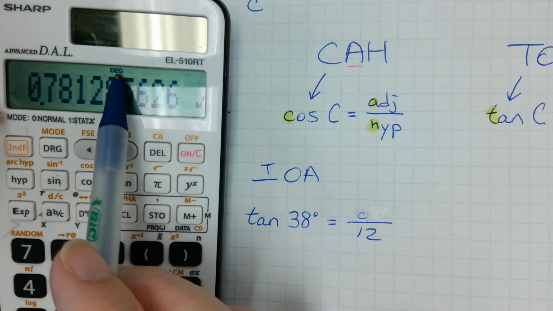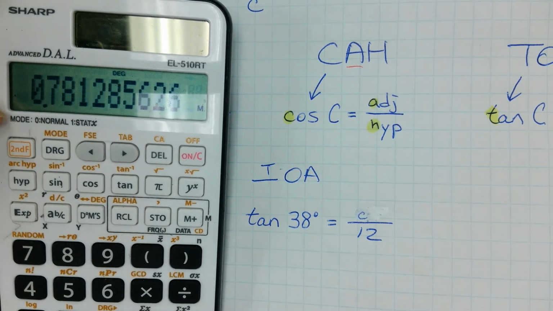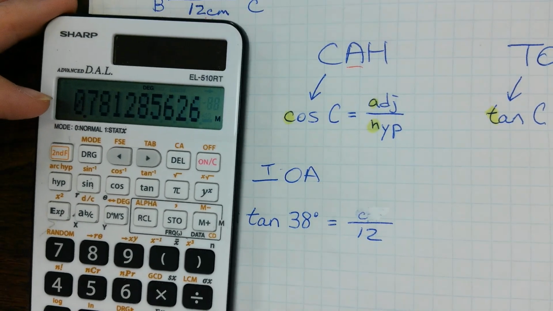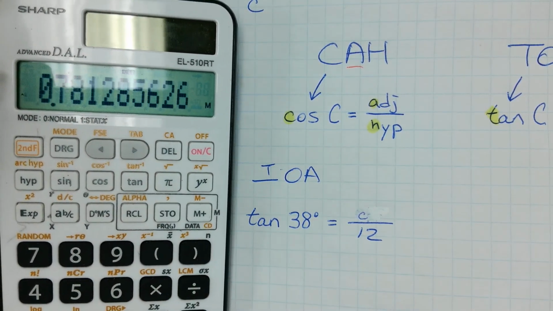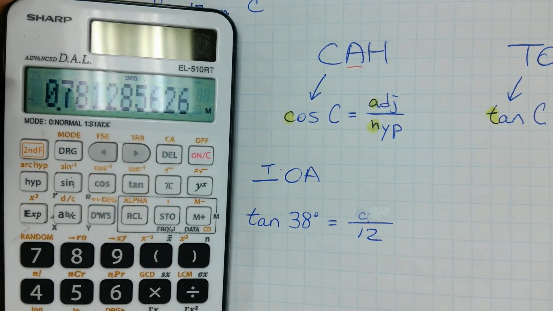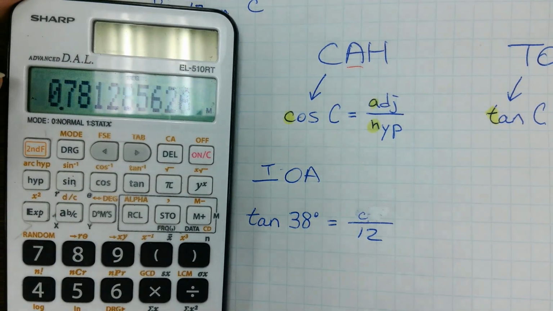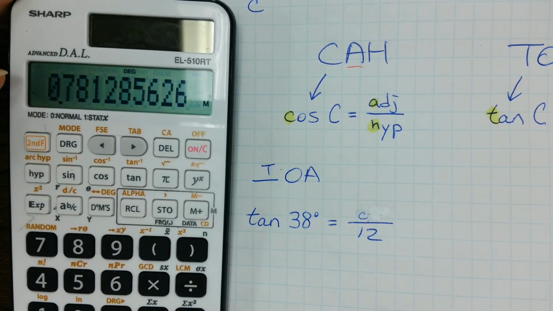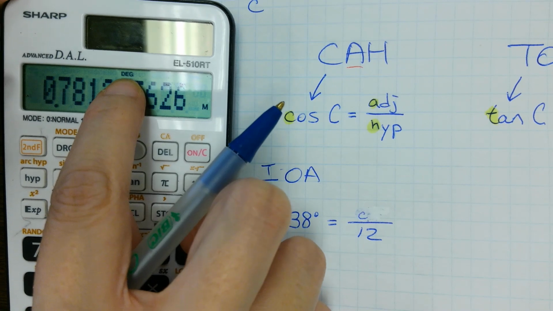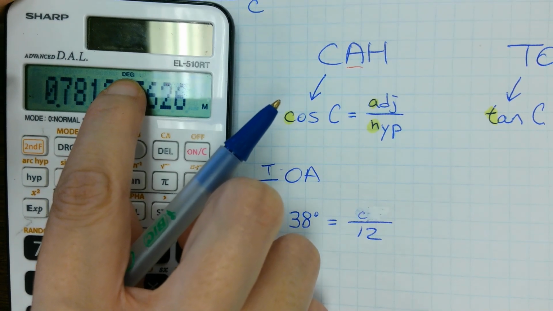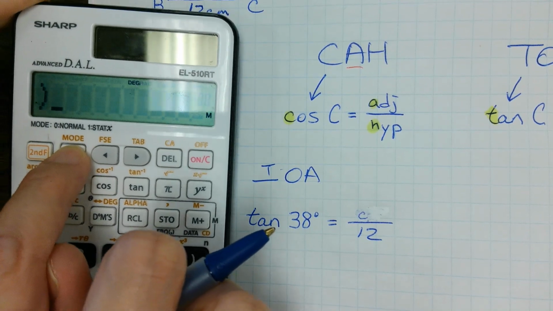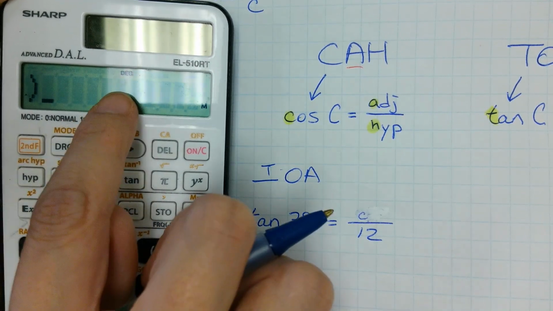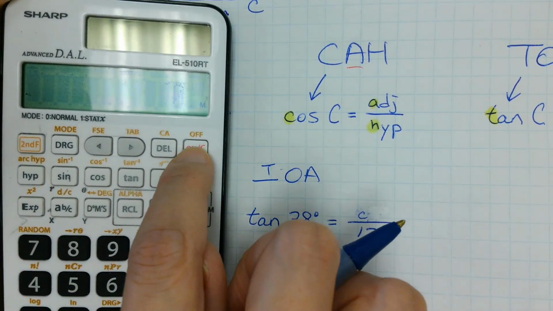If it's not in degree mode, you're going to have wasted 75 minutes of your test time, because you did the whole test in the wrong mode. As soon as I give you that test on test day, the very first thing is to check what mode you're in. If it's not degree mode, there's a mode button right here, and you have to keep pressing it until you see that D for degrees.